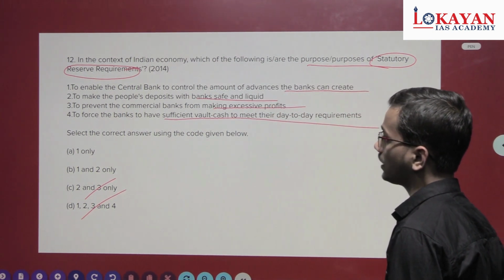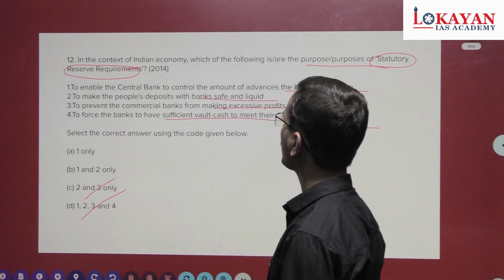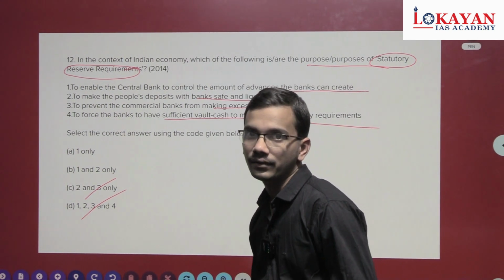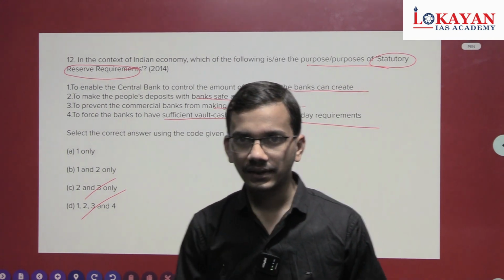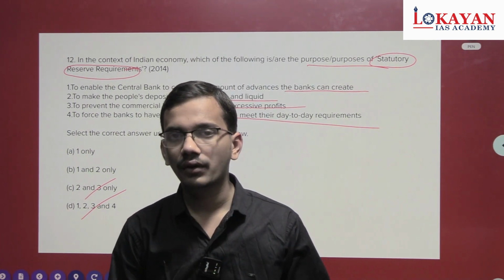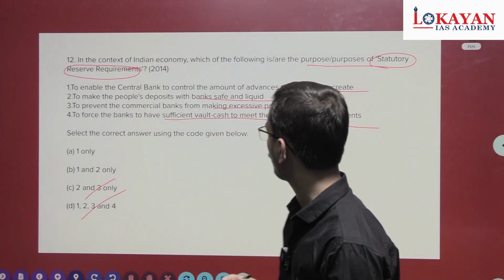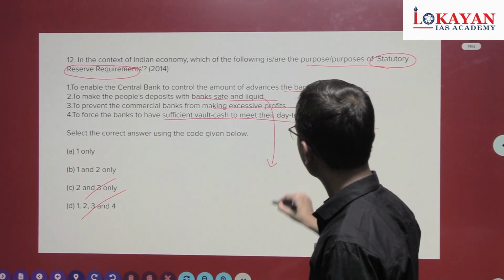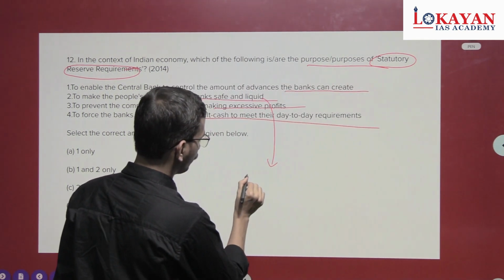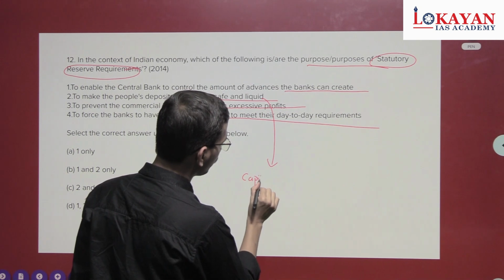Now see, second statement, to make people's deposit with banks safe and liquid. To make people's deposit with banks safe, we have capital adequacy ratio under Basel norms.